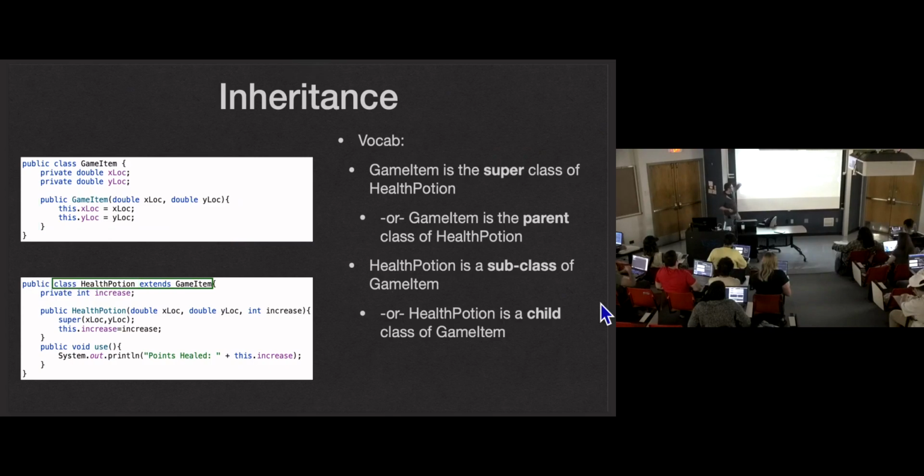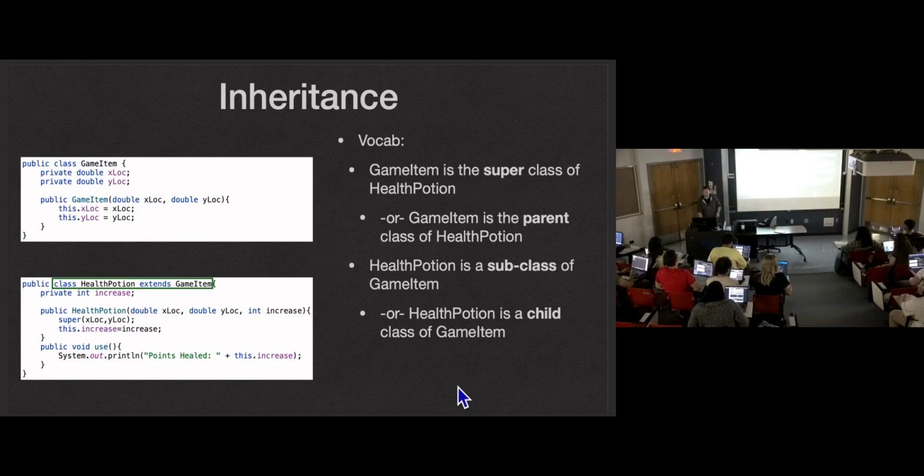First vocab, and then constructors. When we have this set up, you're going to hear me use these terms, so let's get used to them right now. We're going to say the game item class is the superclass of health potion, or game item is the parent class of health potion, or the other way around, health potion is a subclass of game item, or health potion is a child class of game item. I tend to mix these.